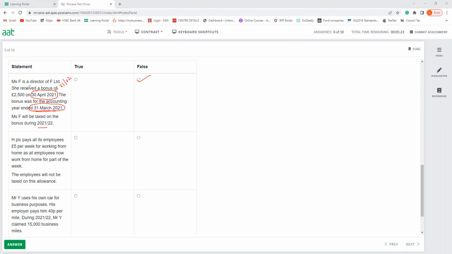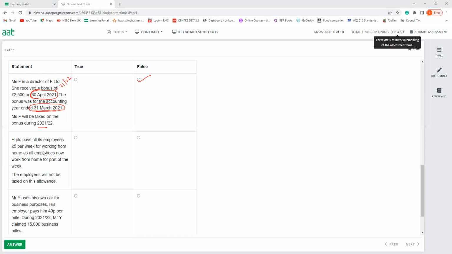So if the person is entitled to the bonus, even if he received it next year, he still has to account for the bonus this year. If the question tells you the person is entitled to the bonus, that means you have to account for it this year, even if the actual bonus is not received until the next year. So even though he received it in April, it doesn't matter, he doesn't have to pay again.